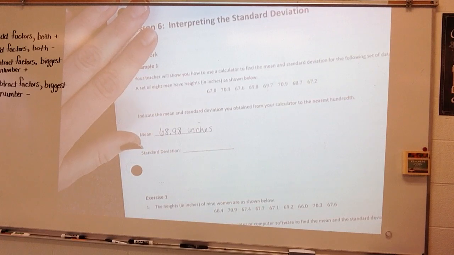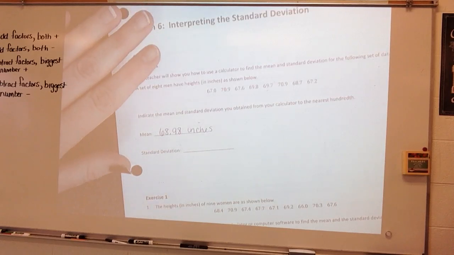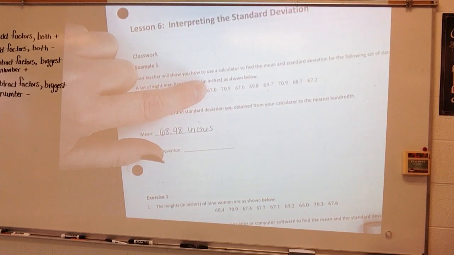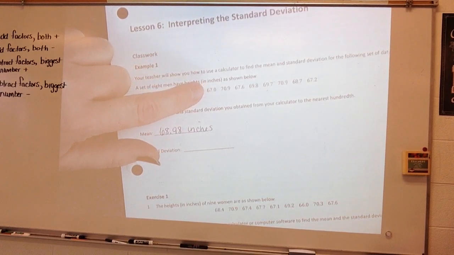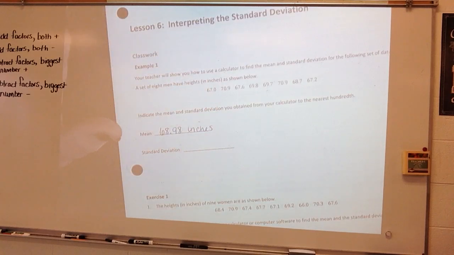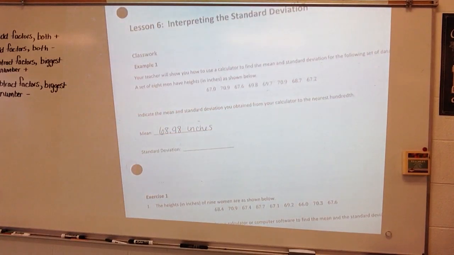Alright, to find our standard deviation, if you remember, we have to figure out, we're going to use this and subtract this. Then we have to square it, then we have to add it all together, divide by however many points minus 1.